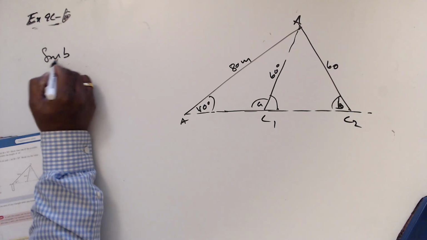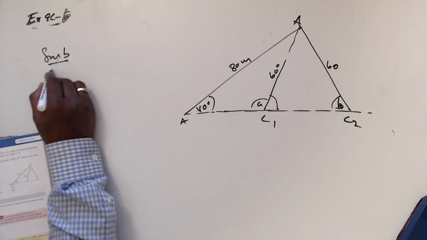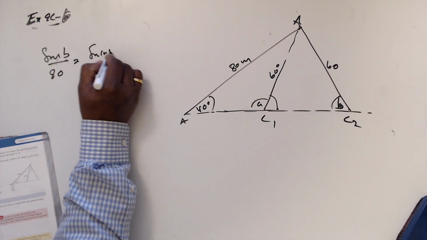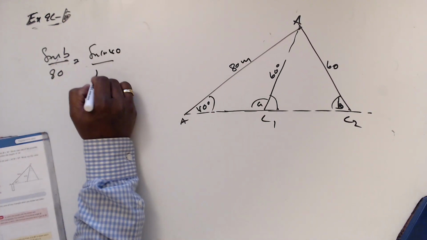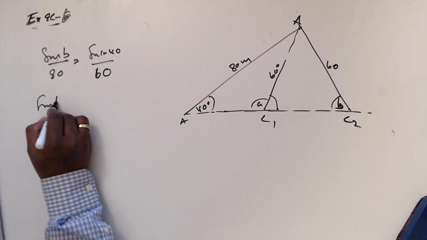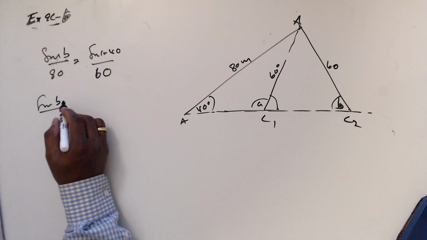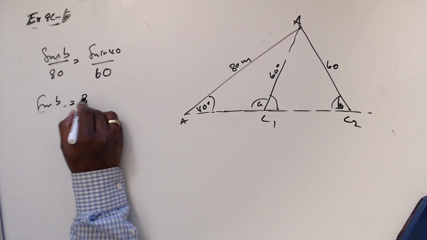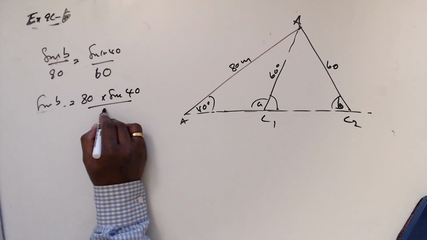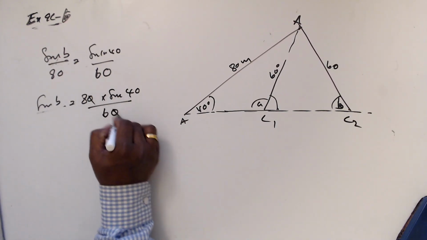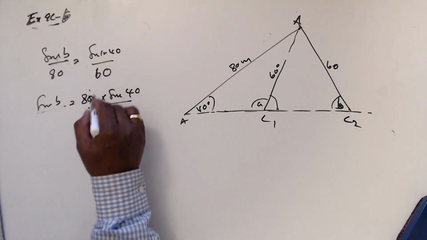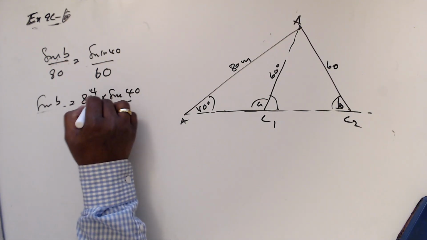So sine B over 80 equals sine 40 over 60. So sine B equals 80 times sine 40 over 60. So this cancels out. This is 2 and this is 3 and this is 4.